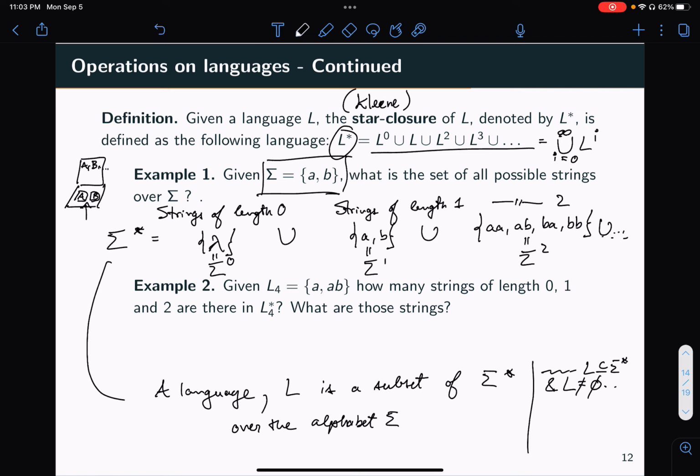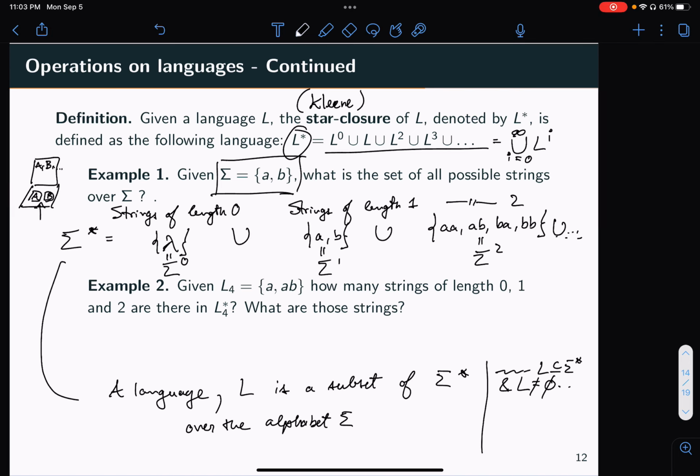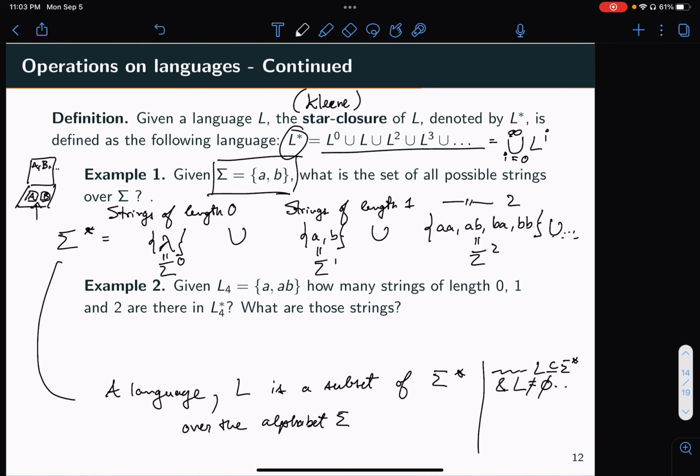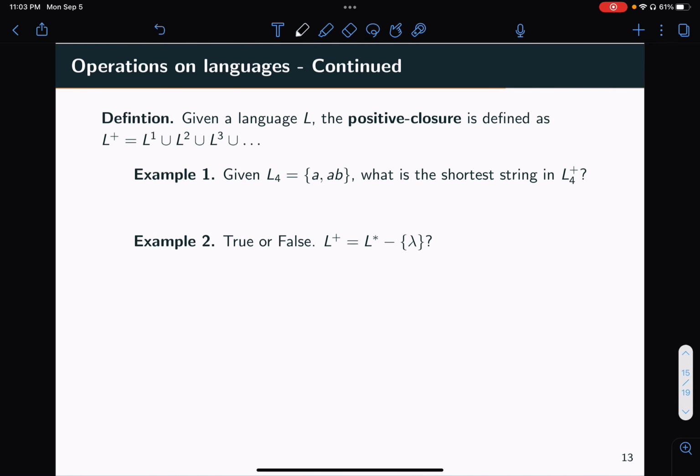So instead of just writing in natural language what a language L is, you can now just use a mathematical notation. You can use the subset notation to define what the language L is, right? So example 2, I'll skip just for the purposes of time, but I again think it's good practice.